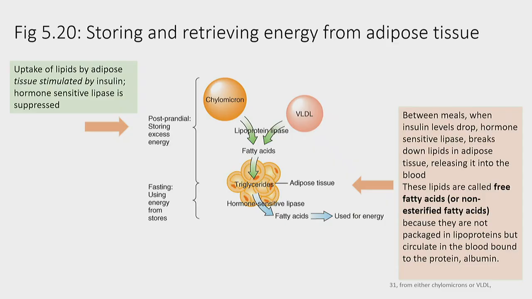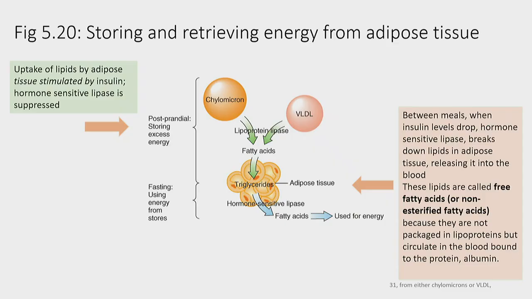Now, between meals, when we are not eating, when we're fasting, the level of insulin will go down. Another enzyme, hormone-sensitive lipase, will go up, because when we eat, the insulin suppresses the hormone-sensitive lipase.